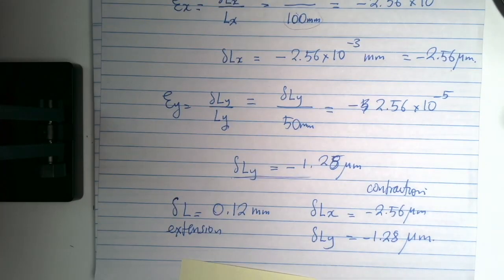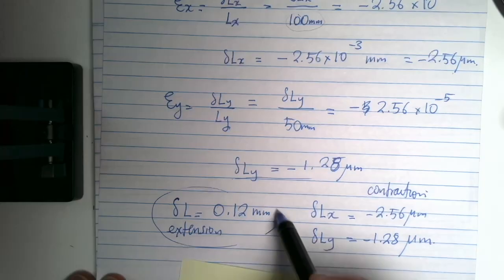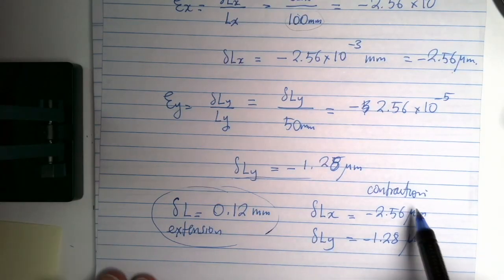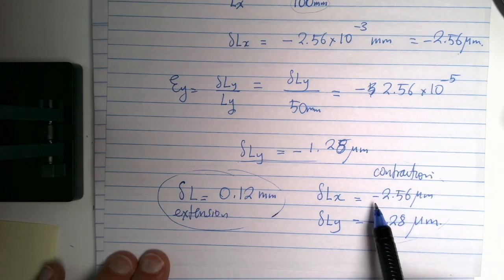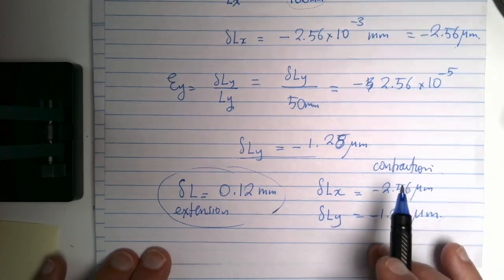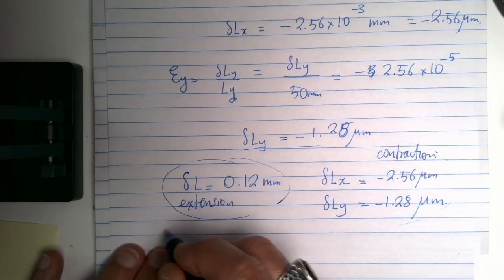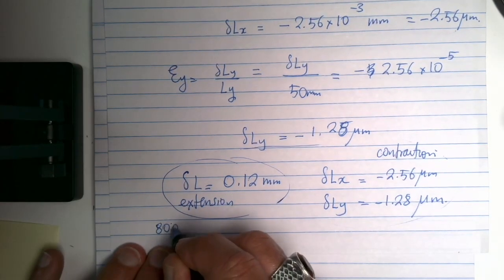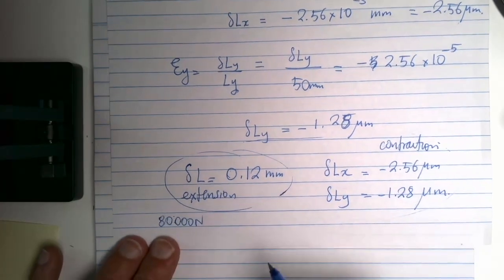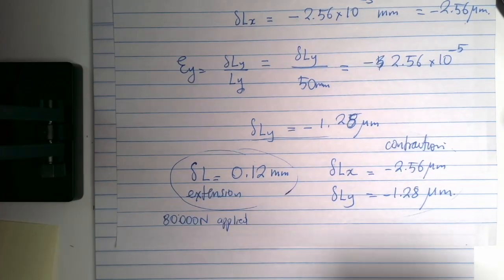In summary, we have extension of 0.12 millimeter and contraction of minus 2.56 micrometer and minus 1.28. Negative indicates contraction. So to summarize, we have 80 kilonewton or 80,000 newton applied to our rectangular bar, 1.5 meter length, 100 by 50 millimeter cross section.